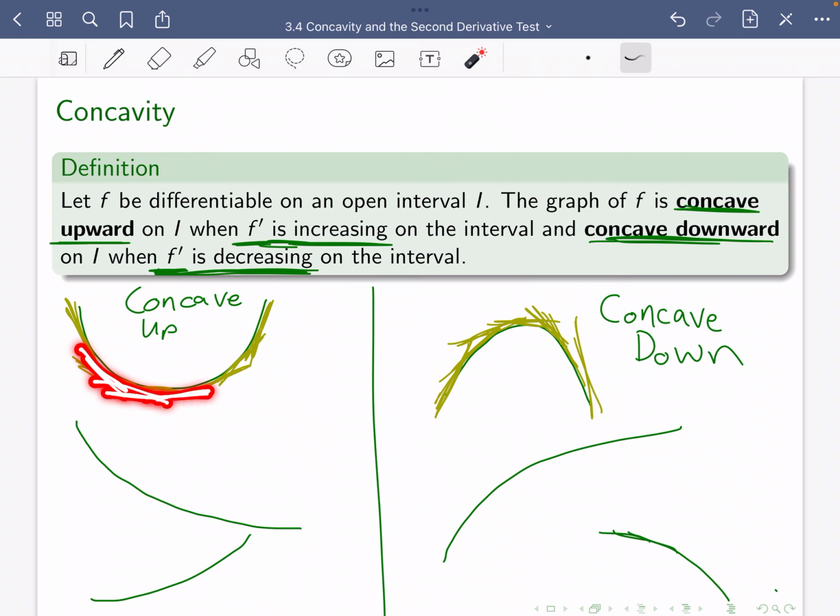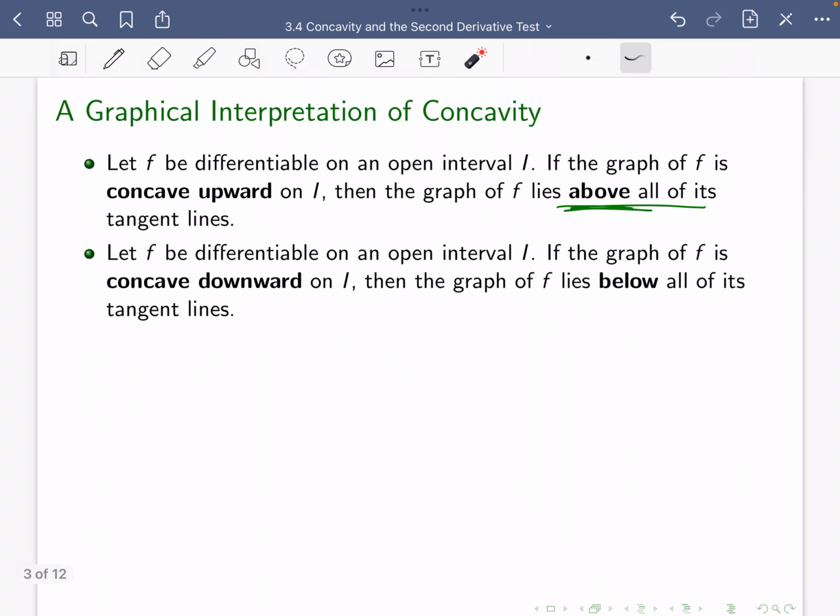And when it was concave down, it was below those tangent lines. So if it's above all of its tangent lines, it's concave up. If it's below all of its tangent lines, it is concave down.